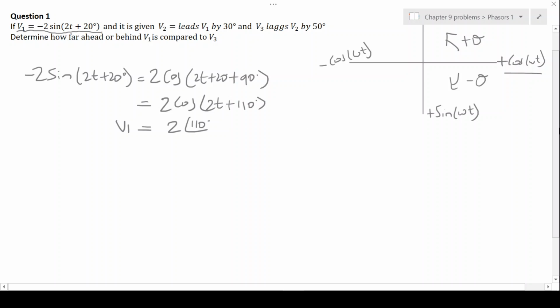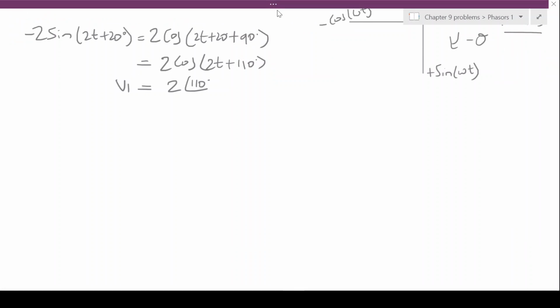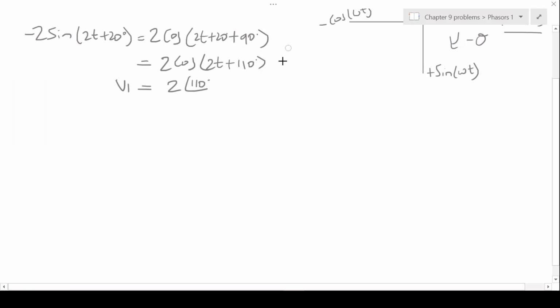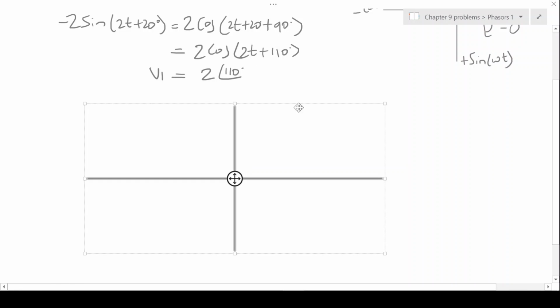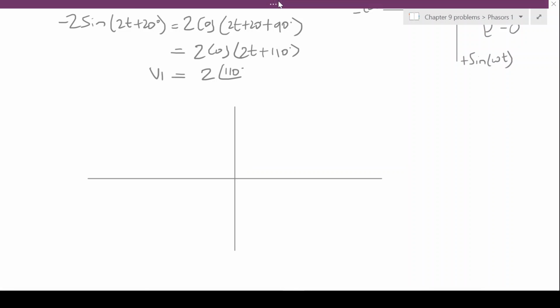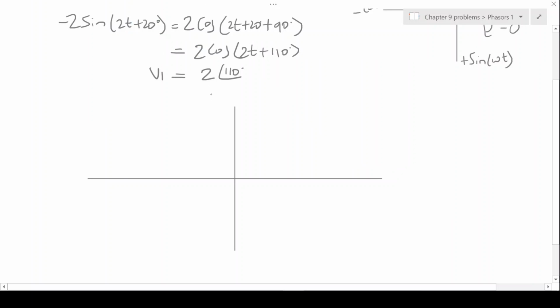and we can draw this out. So let's have a Cartesian plane where we can draw this out. So we know that V1 has a magnitude of 2, angle 110. So this is 90 degrees.